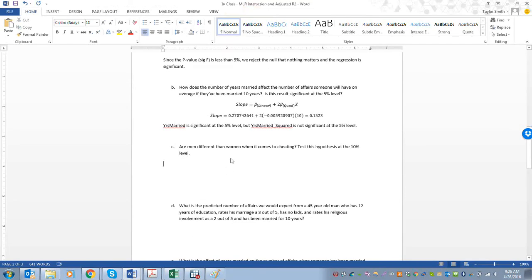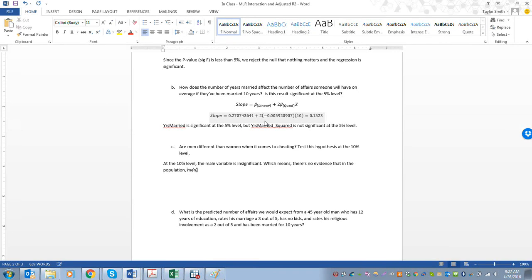And so what this means is that at the 10% level, the male variable is insignificant, which means there's no evidence that in the population men cheat more than women. Okay.